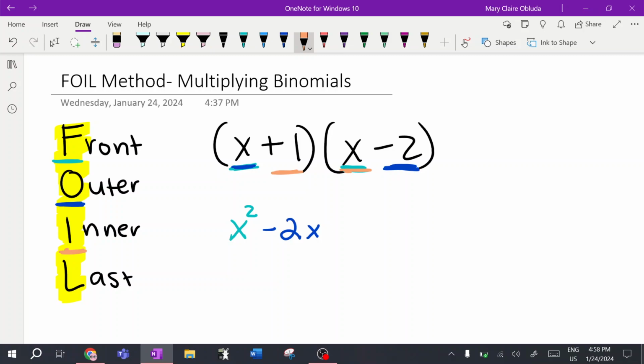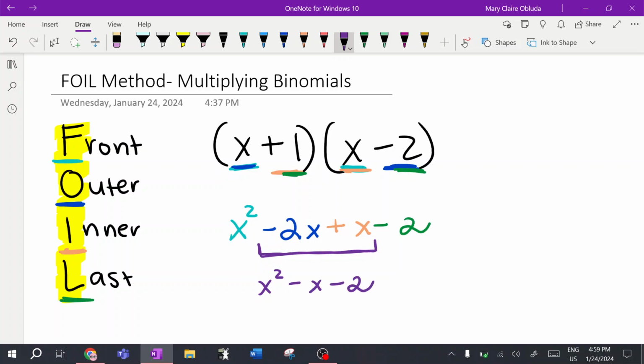So now we have plus x. And then our last terms, that 1 and that negative 2, give us negative 2. So if you notice, these two terms are like terms, which means we can combine them. So we're going to have x squared minus x minus 2 as our final answer.